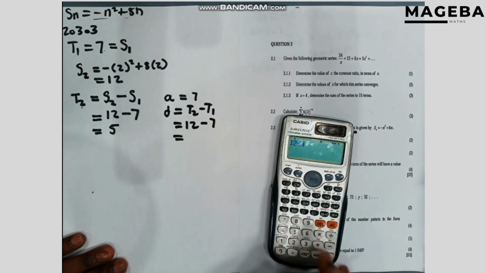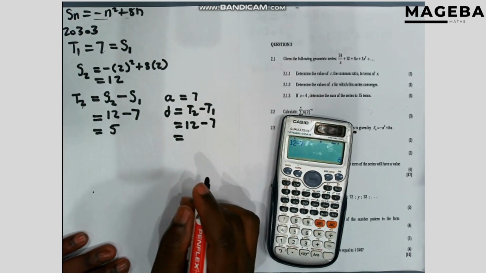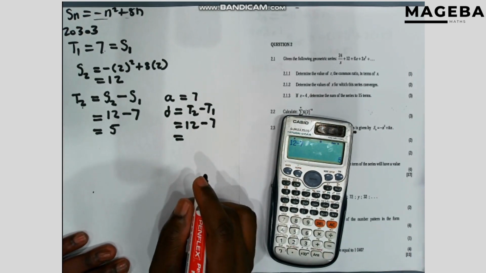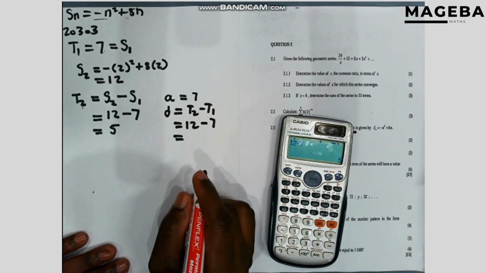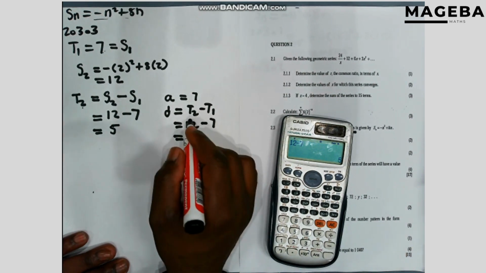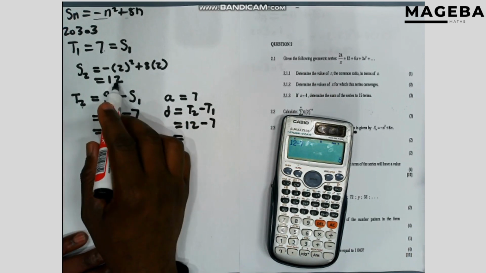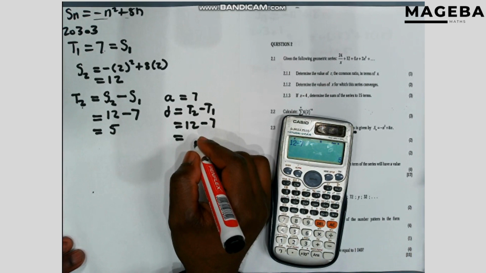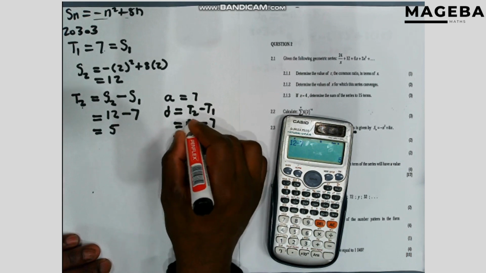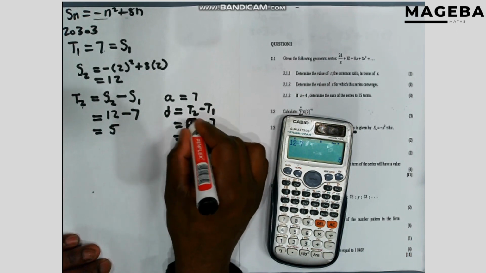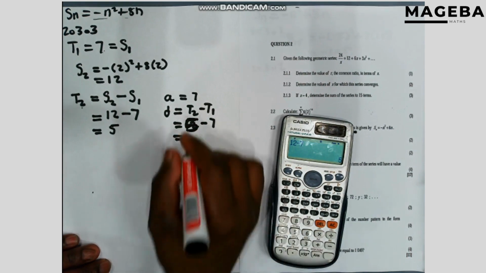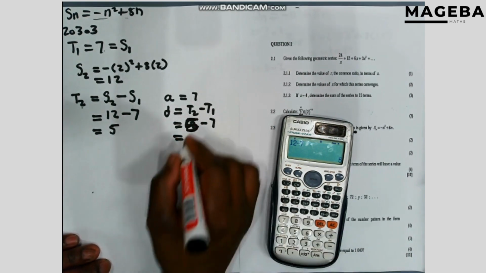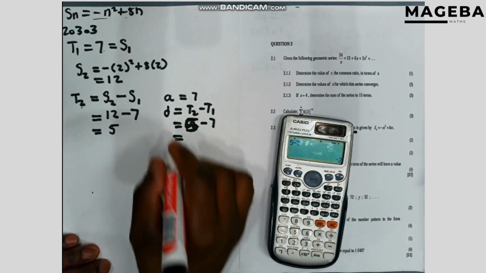So 5 minus 7, what is it? It's negative 2.